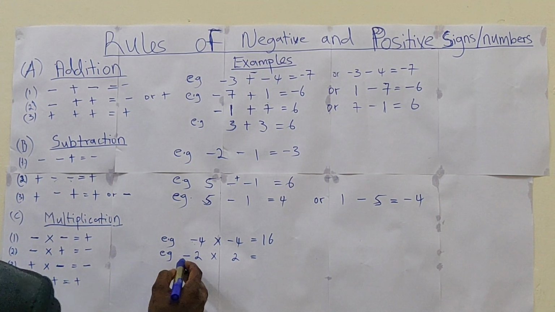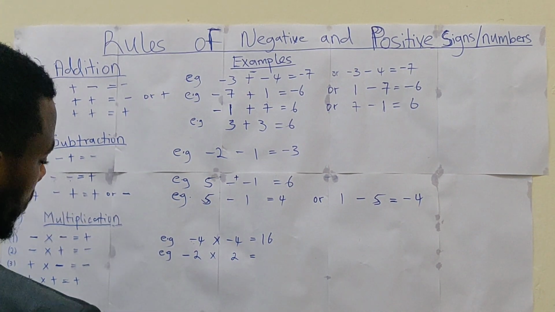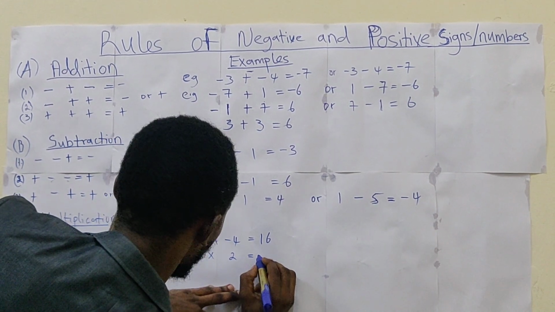So we have negative 2, which is negative number, times 2, which is positive number. It is 4. It is negative 4, sorry.